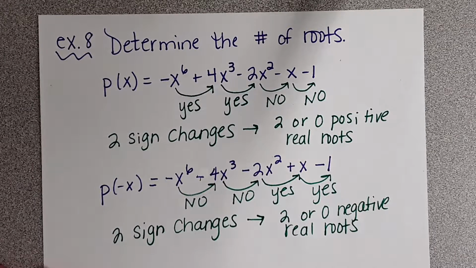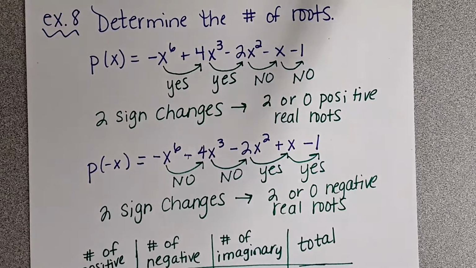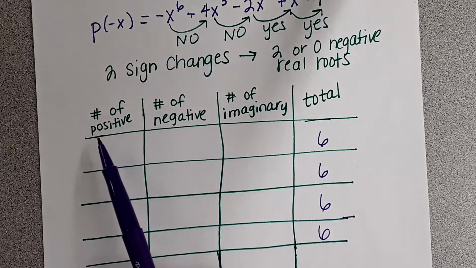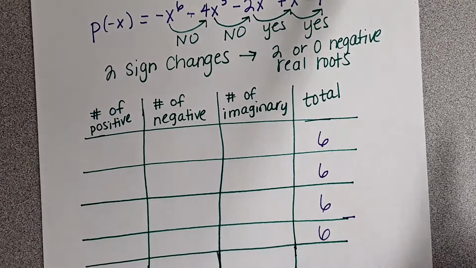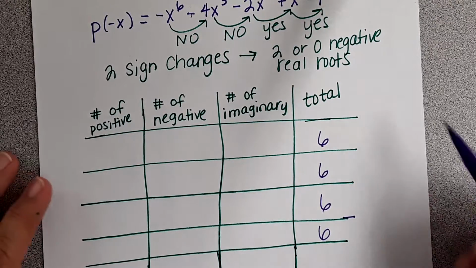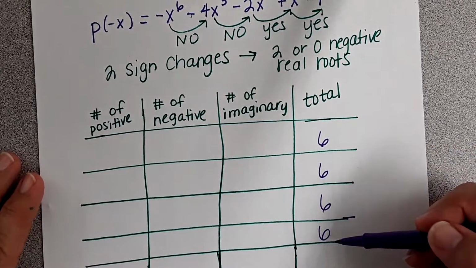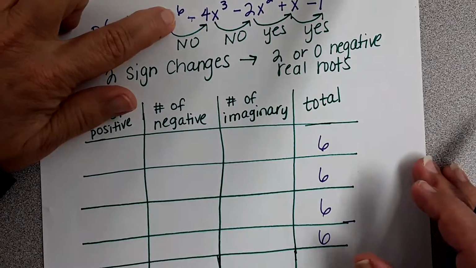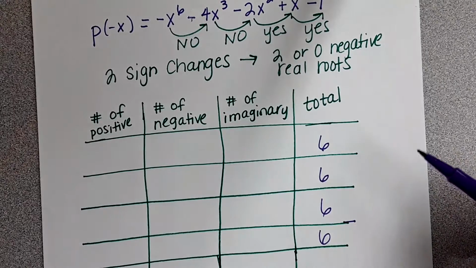Now we're going to do that table again that we did. We're going to do positive, negative, imaginary. And why did I write a total of 6 here? That's because my highest exponent is 6.